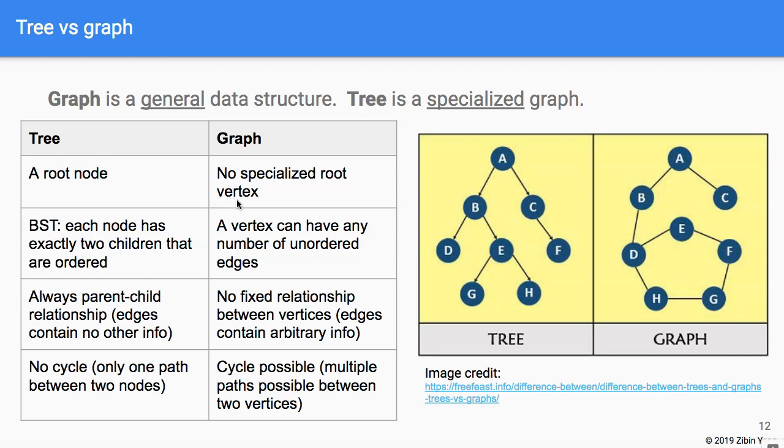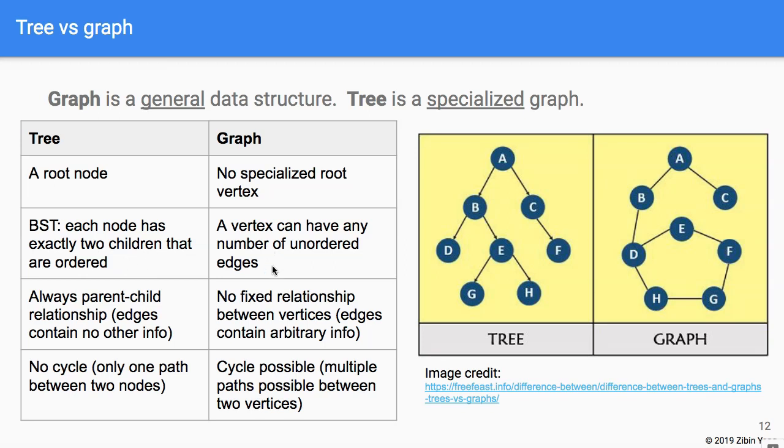Whereas in a graph, none of the vertices is a specialized root. And in trees, for example in a binary search tree, each node has exactly 2 children, or fewer than 2 children. And these children are ordered, right? On the left side, the child is smaller, the right child is bigger.